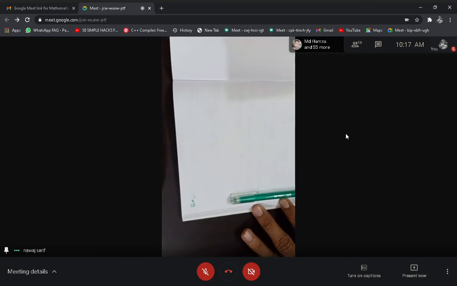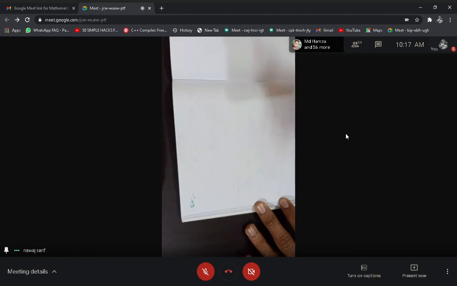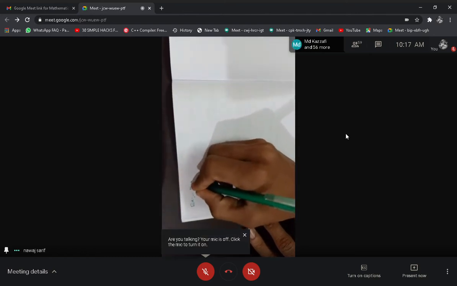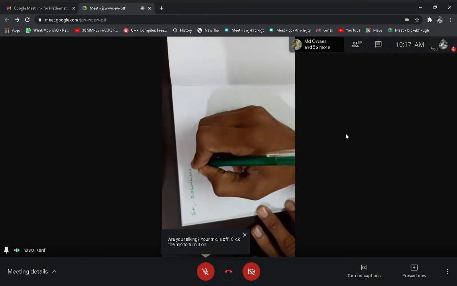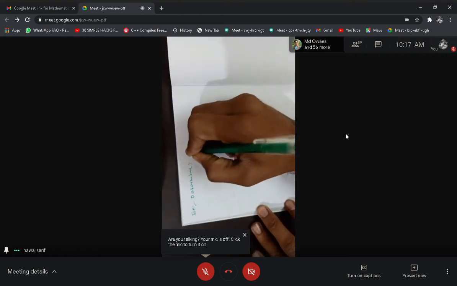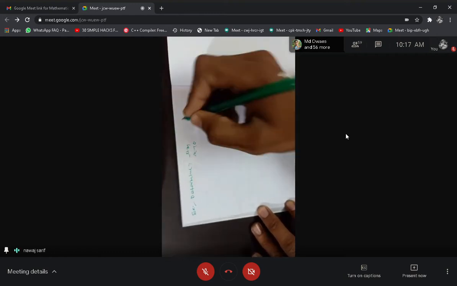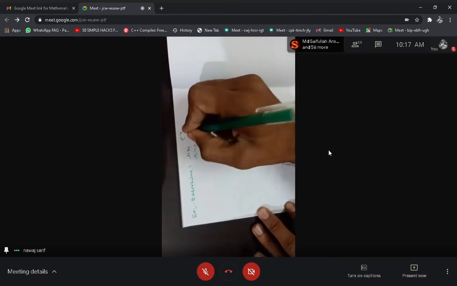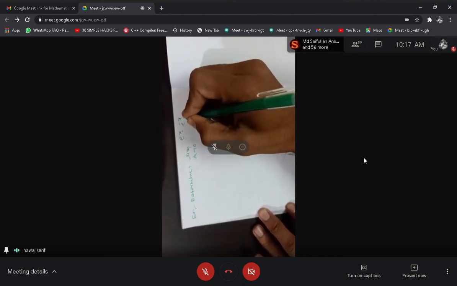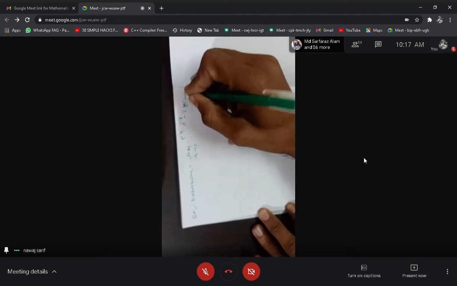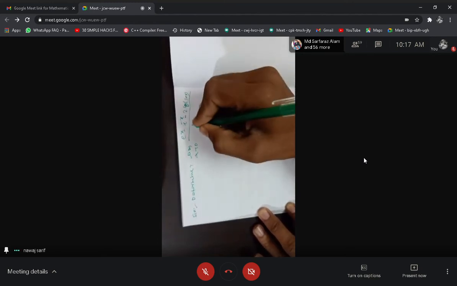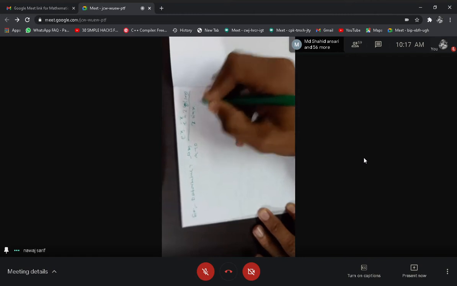Determine the limit as x tending to 0 of e to the power x minus e to the power minus x minus 2 log(1 plus x), divided by x sin x.